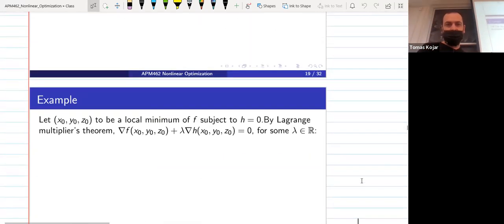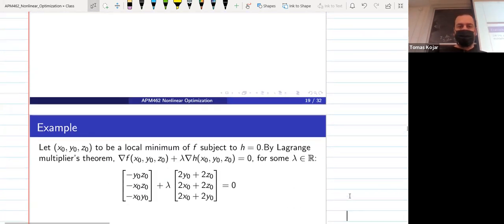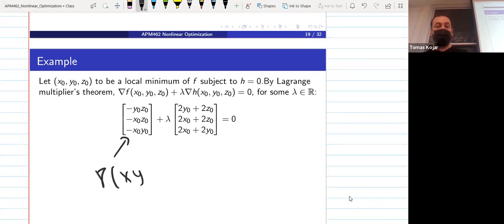So the theorem is that your gradient needs to be parallel to the gradient of the constraint. So you just compute. This over here is the gradient of x, y, minus x, y, z.